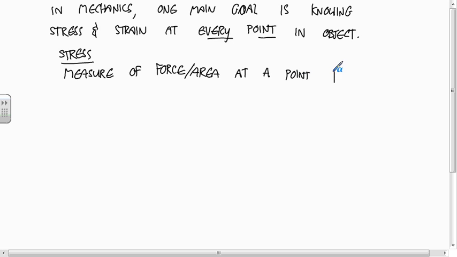Pascals, right? And I'm going to use SI units in this class, just because that's what I'm most used to. Pascal is equal to newtons per meter squared. And then a lot of times for stresses, because the stress values are pretty big in engineering applications, megapascals is a common one, or even gigapascals.